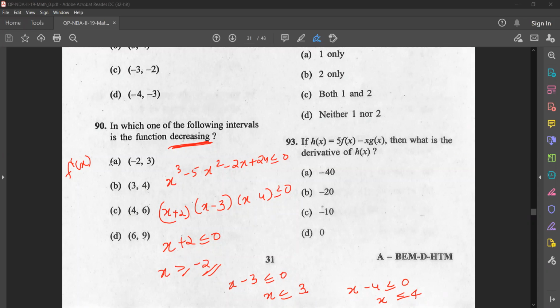So minus 2 comma 3, option A. That was also a direct question. Okay, let's go to the next question.